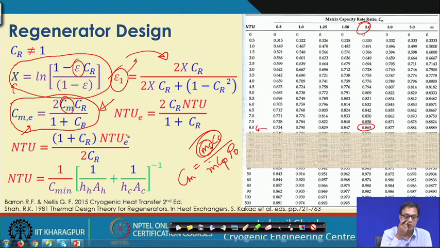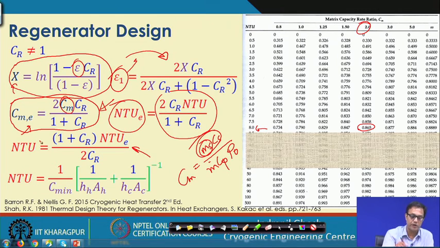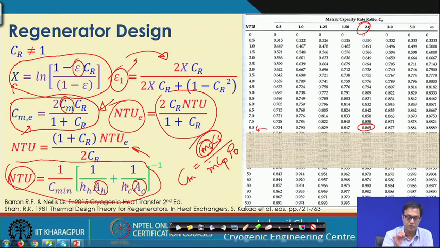With that NTU, which becomes the effective NTU, we have to calculate the actual NTU by this process. Once we know the actual NTU, this NTU can also be related by this relation, and we can find out HC and HH, and finally we will be able to find out the area.